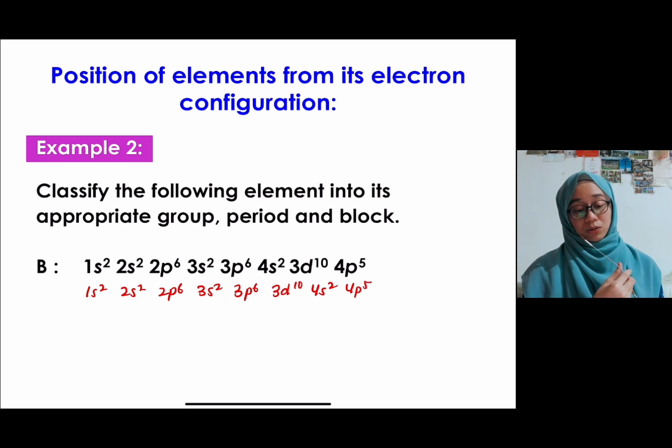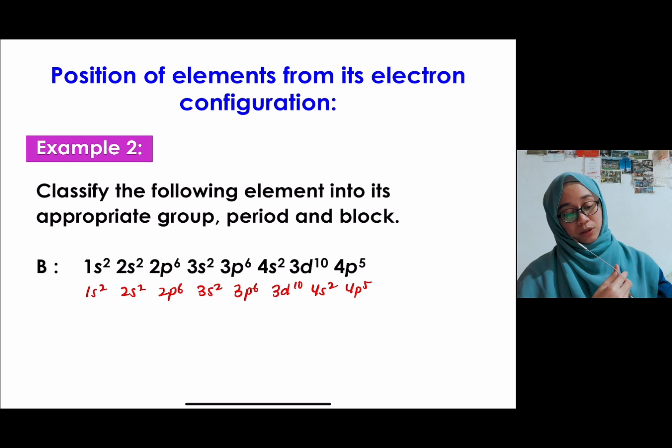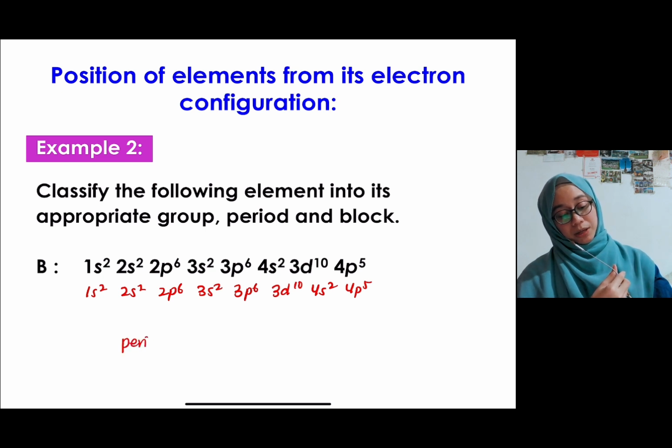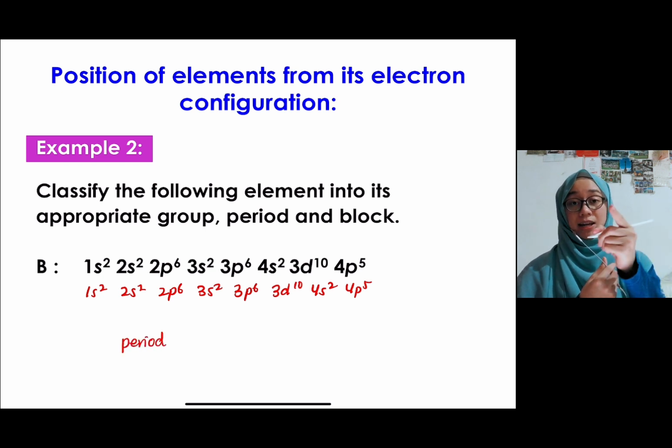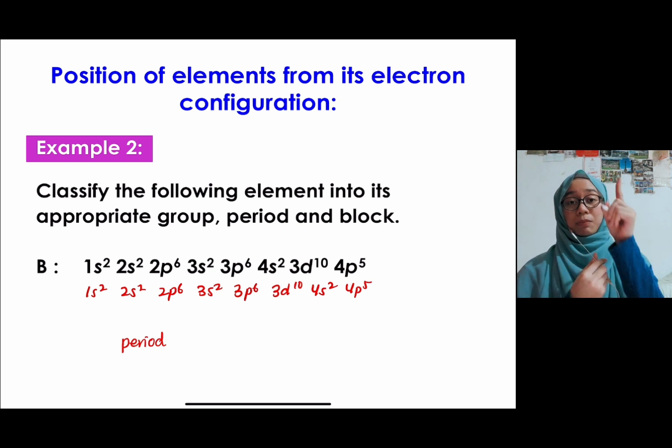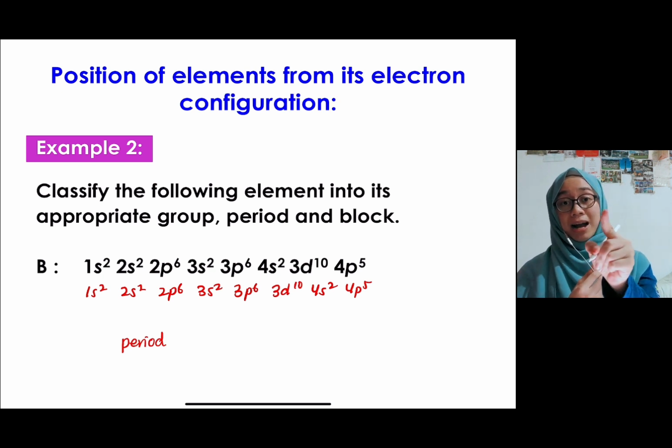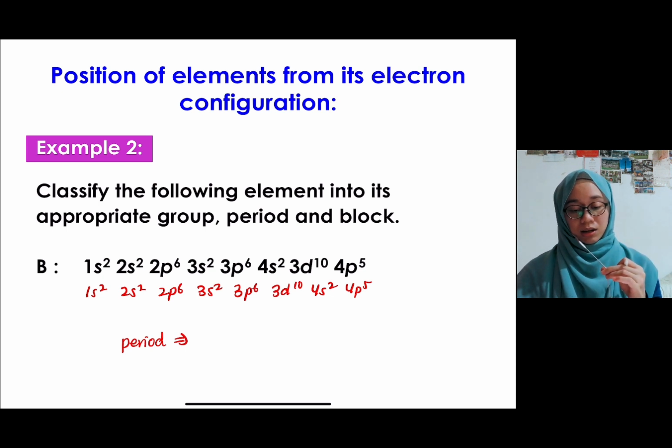Okay, so now kita nak cari period kan. So period is determined by the valence shell. So kita nak determine the principal quantum number yang paling tinggi. Therefore yang paling tinggi obviously adalah the last one lah. Okay, last one kat sini kita ada n equals to 4.